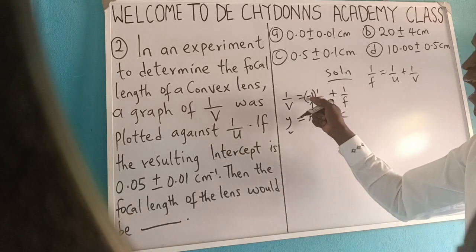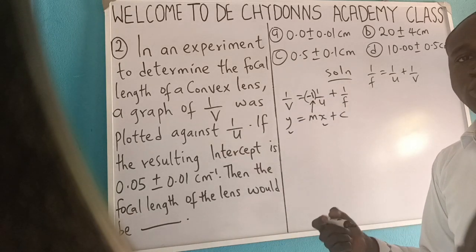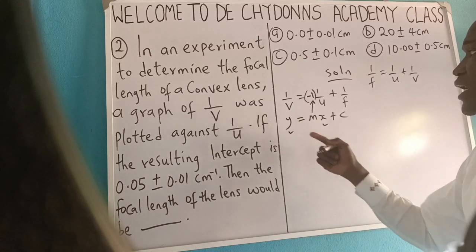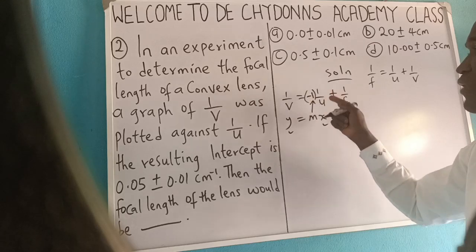This minus 1 we have here is called the theoretical slope. A student will get the theoretical slope when he plots a graph of 1 over v against 1 over u.